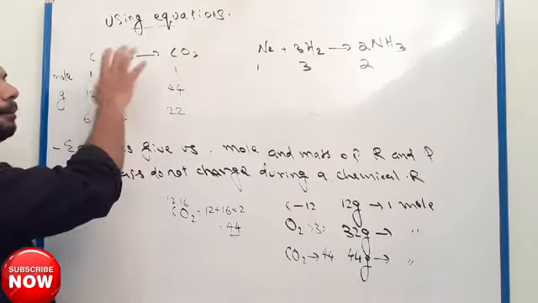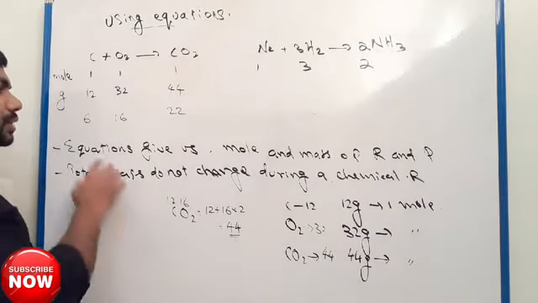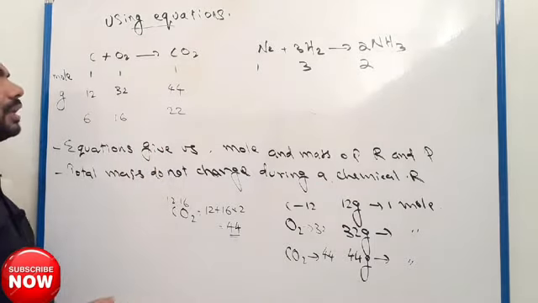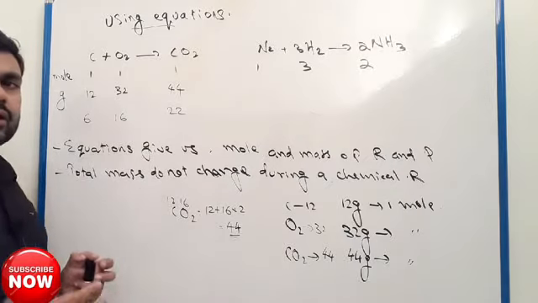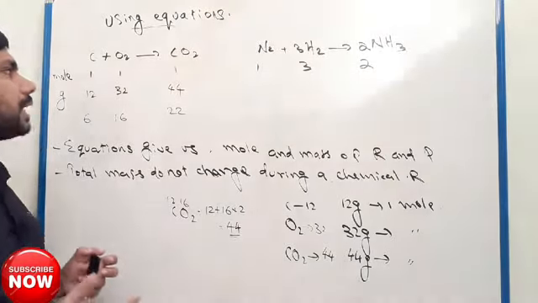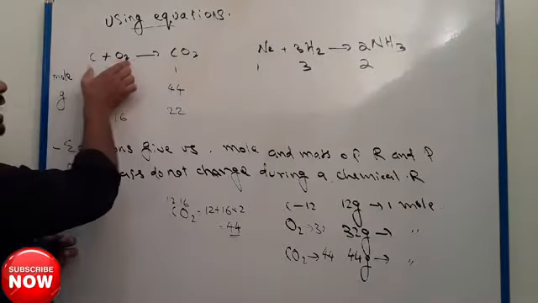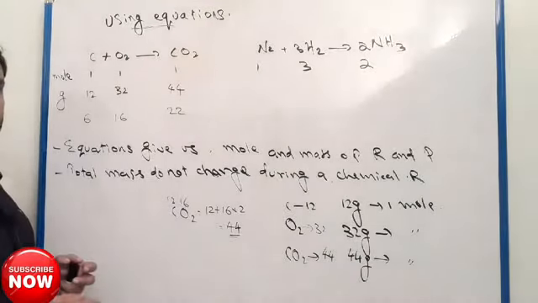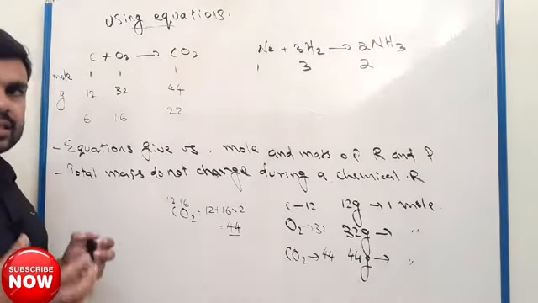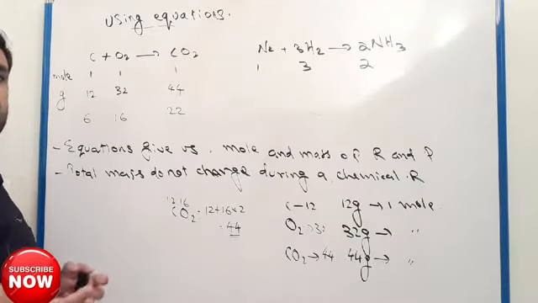So a balanced chemical equation helps to understand the number of moles of reactant and product. Also it helps to understand the mass of reactant and product.